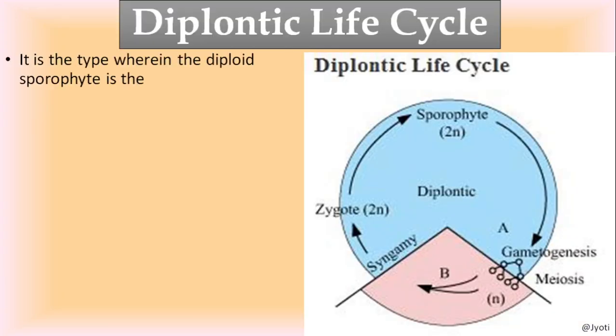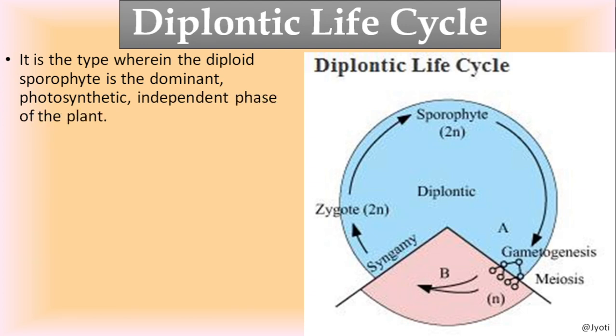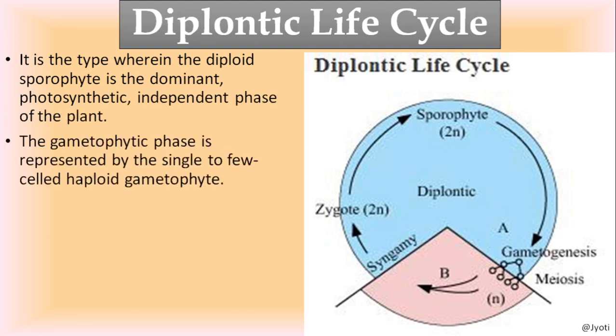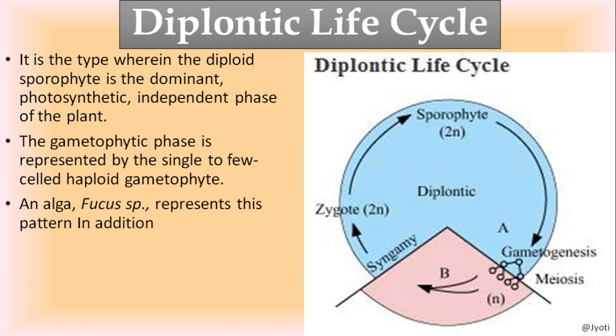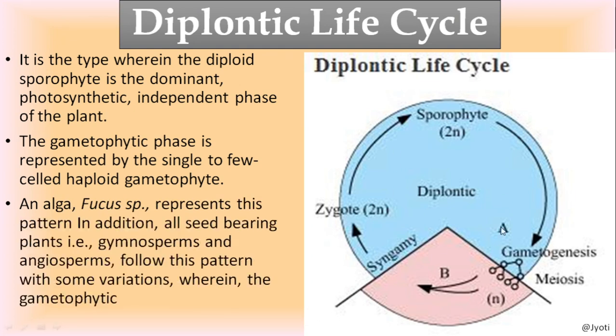Then the next type of life cycle is diplontic life cycle. So here in the picture you can see that the diploid phase, that is the sporophytic phase, is predominant, whereas the haploid phase, that is the gametophytic phase, is less lived. This sporophytic phase is dominant, photosynthetic, and independent.